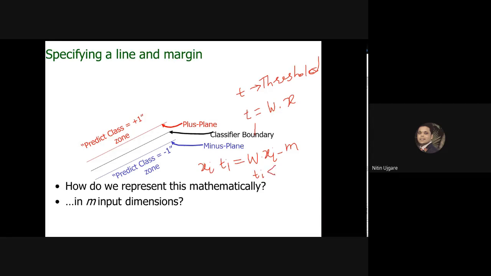If it is less than our original threshold value, that is t, then this input instance xi will be classified to the negative class.